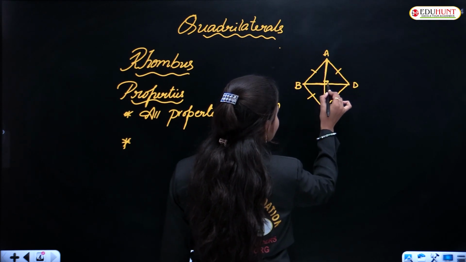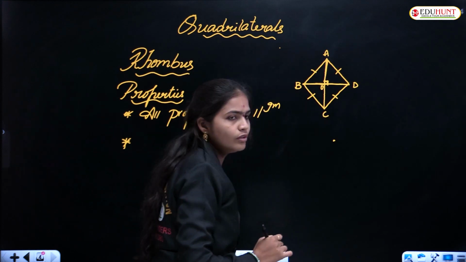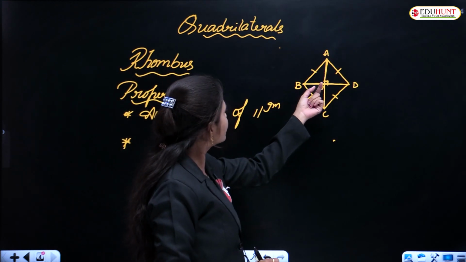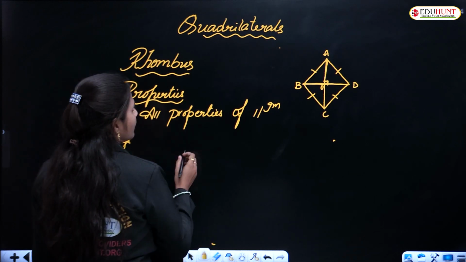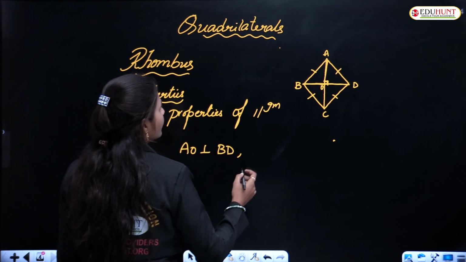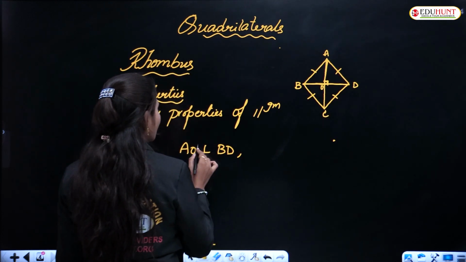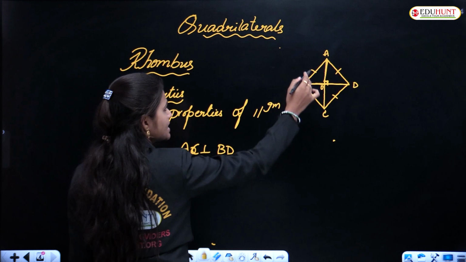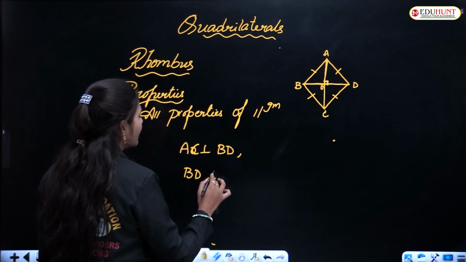So here the angle is equal to 90 degrees. AO is perpendicular to OC and BO is perpendicular to OD. AO is perpendicular to BD, and CO is perpendicular to BD. So we can say AC is perpendicular to BD, and BD is perpendicular to AC.